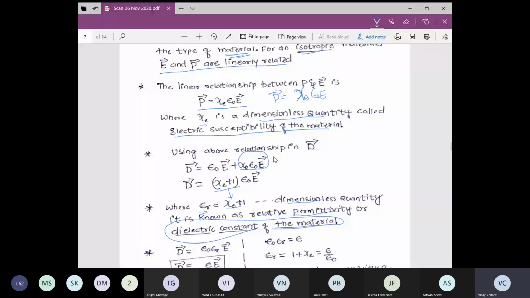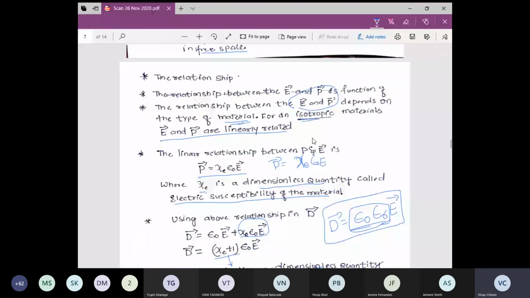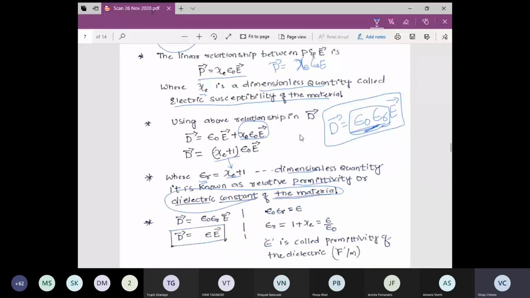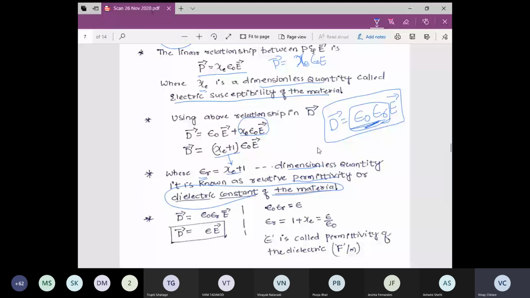Hence the relationship between D and E is D equal to epsilon naught times epsilon R times E, that is, epsilon times E. What is very important is that we made one statement: for a linear, homogeneous, isotropic material, this is the relationship between P and E, and hence this is the relationship between D and E. These are quite important things worth remembering.